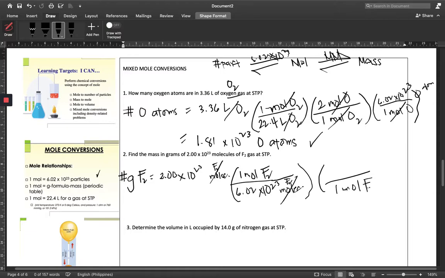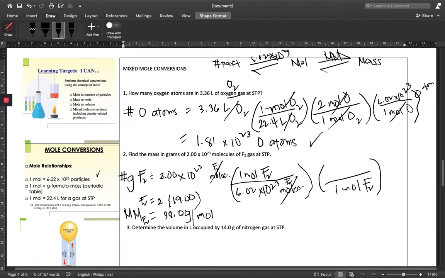Okay, we need to cancel out 1 mole of F2. But sir, what is the molar mass of F2 in the first place? So the molar mass of one fluorine atom is 19.0. Therefore the molar mass of F2 is 2 times 19, which gives us 38.0 grams per mole.